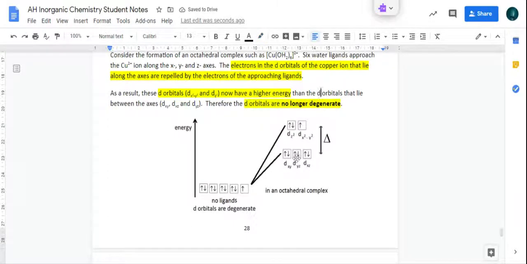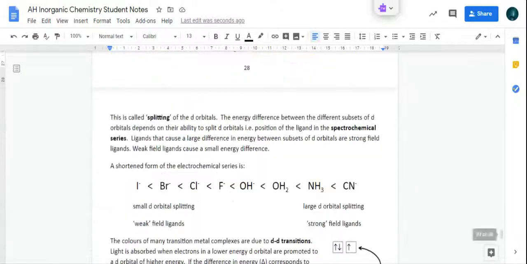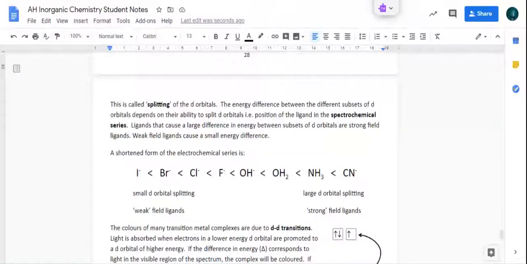These 3, the dxy, the dyz, and the dxz, have the same energy, but the dz squared and the dx squared minus y squared have a different, higher energy, and this is due to the repulsion from the approaching ligand electrons. This is called splitting of the d orbitals.